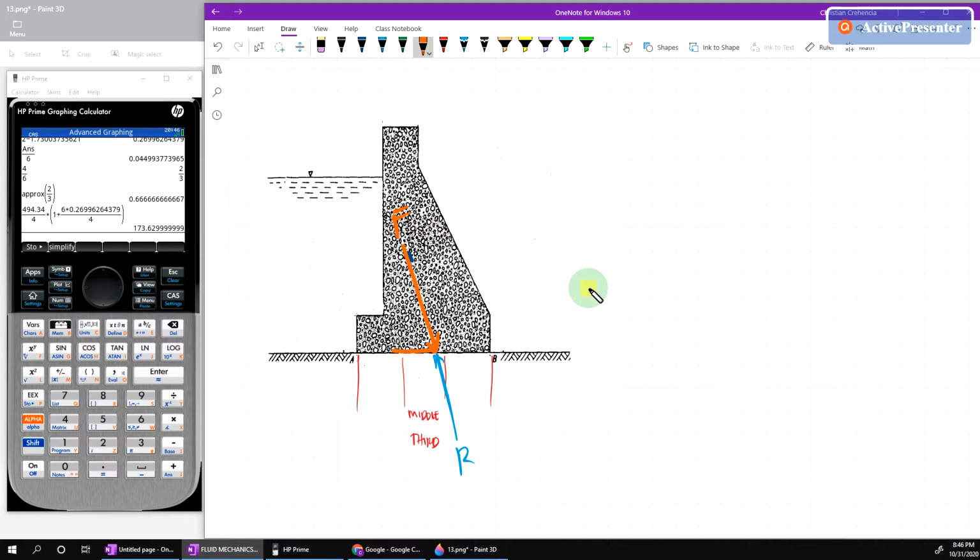Meron tong horizontal component and of course, meron din tong vertical component. So sa reaction naman natin, meron din tayong vertical reaction, RY. Then, meron tayong horizontal reaction, R sub X.